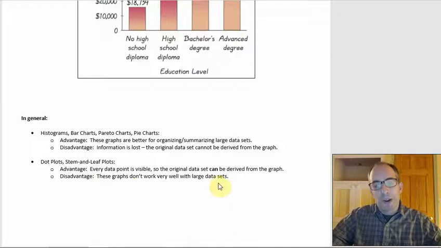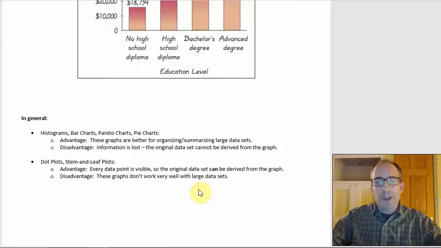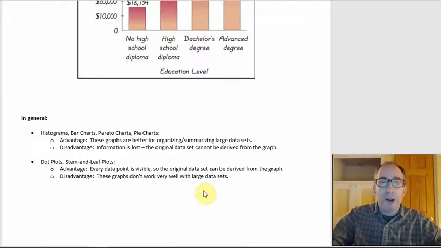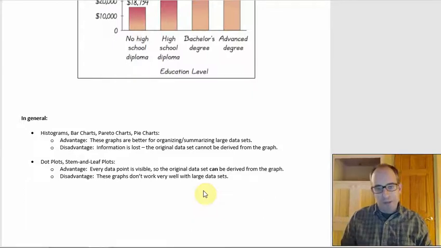Although if you have a large data set, then you have to start making adjustments and maybe you can't do it, or the data set's just so big that it doesn't work. Like that one with the cab fares, where we had that stem and leaf plot that was going off the page, right? That doesn't work. You have to be able to get the graph on the page.